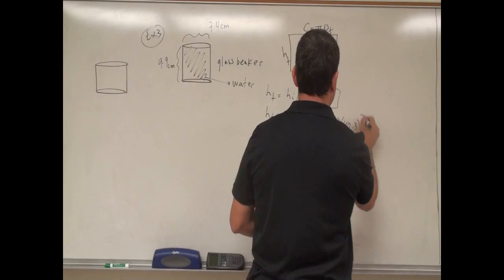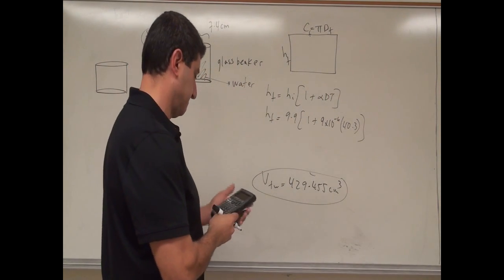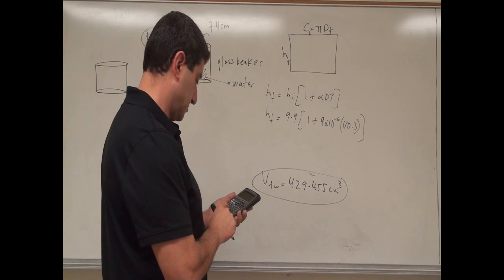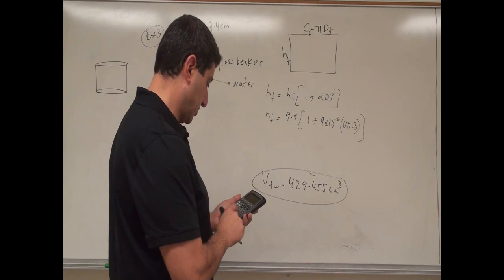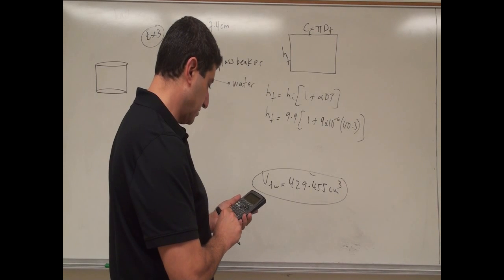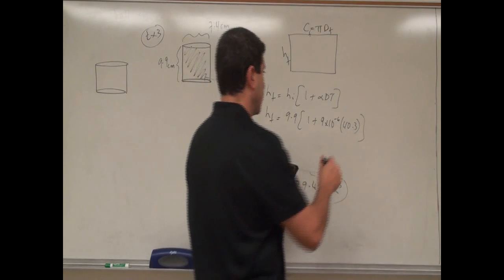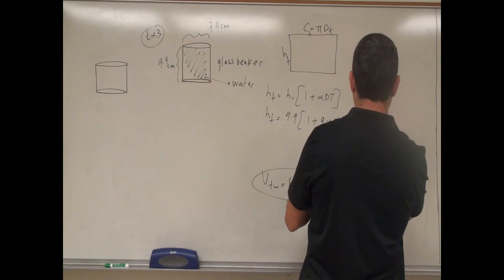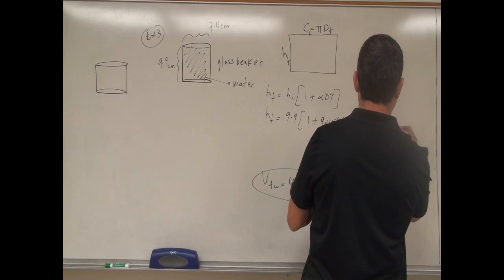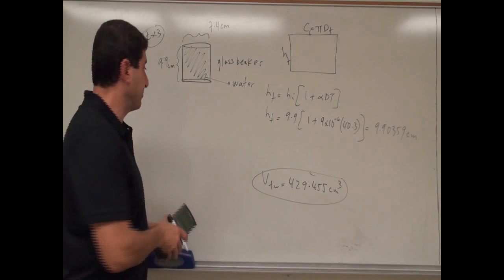Let's calculate the final height of the glass: 9 times 10 to the power negative 6 times 40.3 plus 1, times 9.9. So the final height of the glass is going to be 9.90359 centimeters.